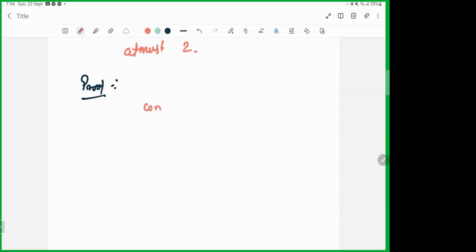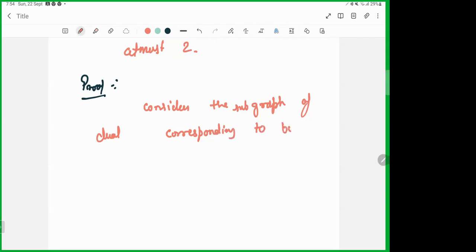Consider the subgraph of the dual corresponding to bounded faces.